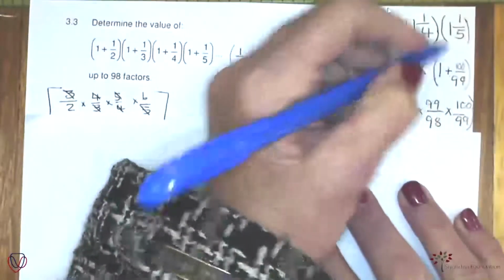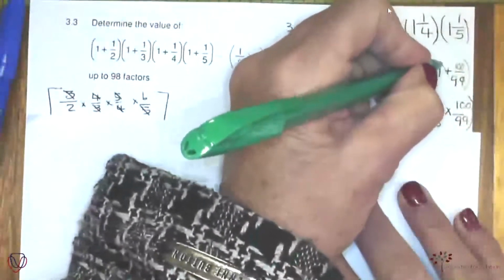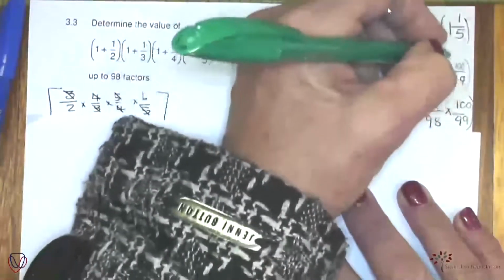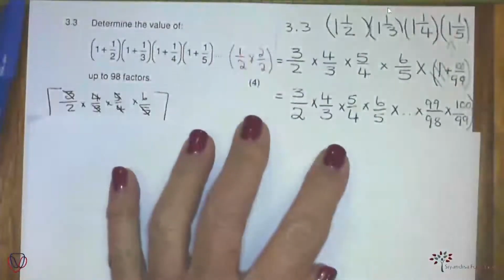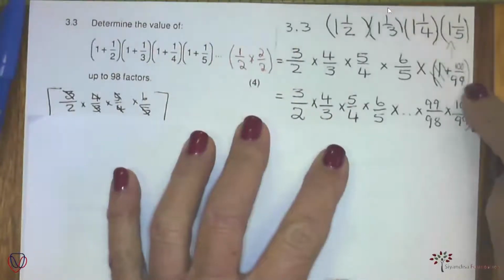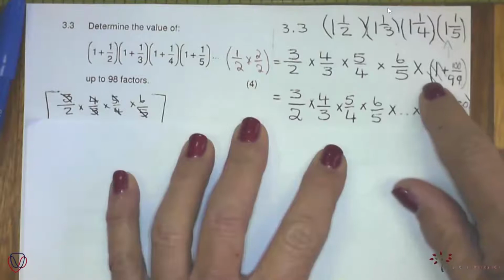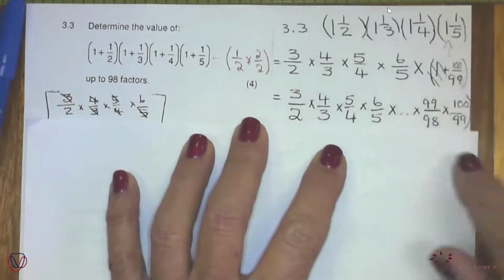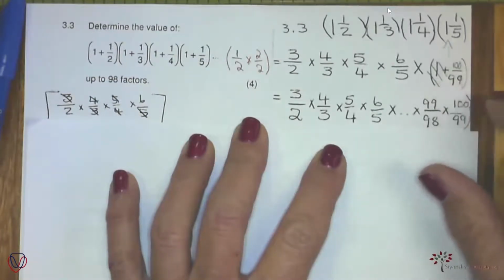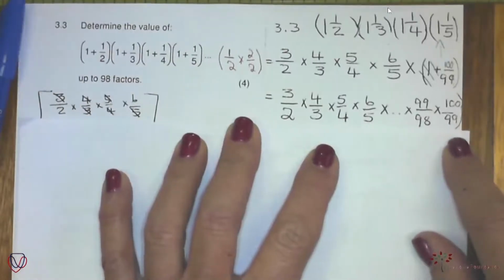Not the plus there; I wrote it there so that I can confuse you people. When you get the value of the term, it is 100 over 99. This would have been 1 plus 1 over 99. And then you just multiply that and you will get 100 over 99 for the last term.